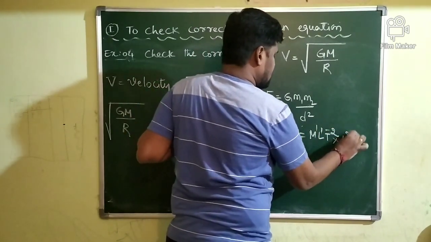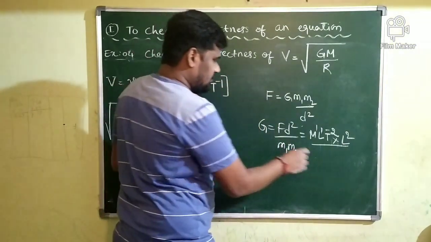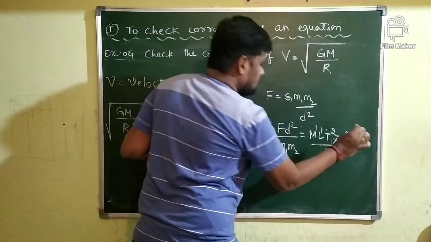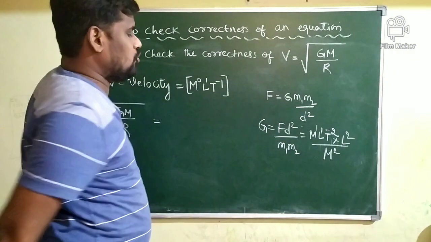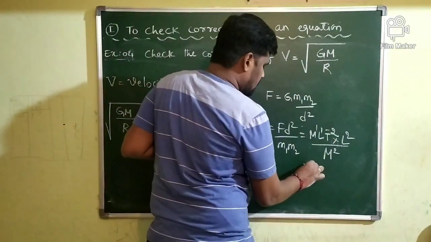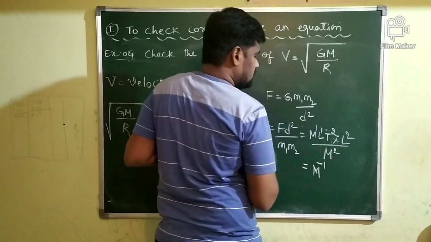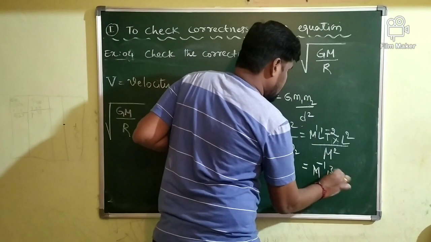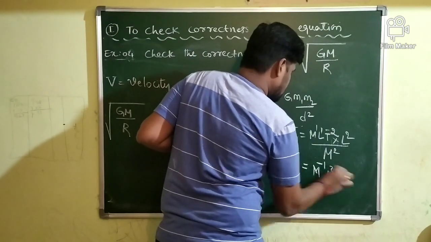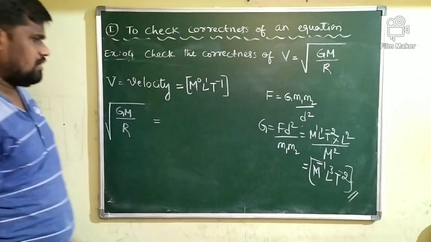Distance square is L². Here m1 and m2 are masses, therefore m². Take m square to the numerator, it becomes m⁻². Therefore the dimensional formula becomes m⁻¹ L³ t⁻². This is the dimensional formula for gravitational constant.